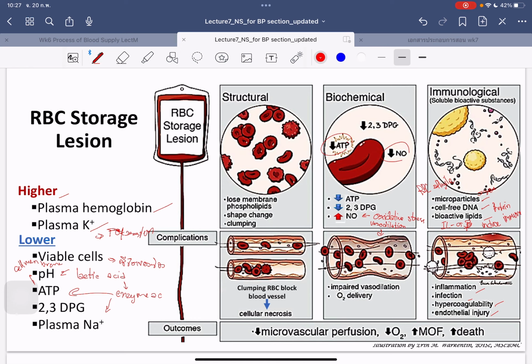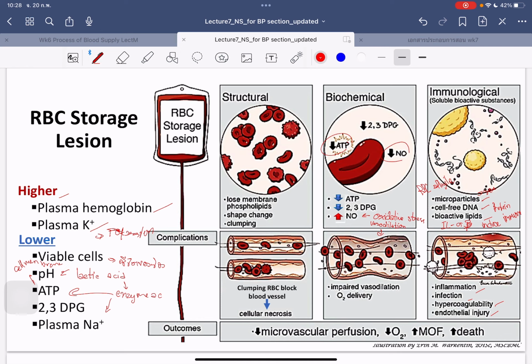So when you store blood components for a long time, it can induce fever, inflammation, and infections in the patients. And all these complications can induce patient death.